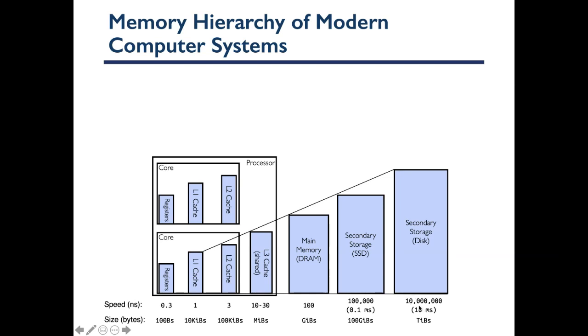Now, in terms of size, it's a reverse trend. The closer they are to the core, the faster they are, the smaller they are. So usually you get terabytes of data in your secondary storage. This has changed, actually. I should change this. Nowadays, SSDs, you can find them in terabytes, not gigabytes.